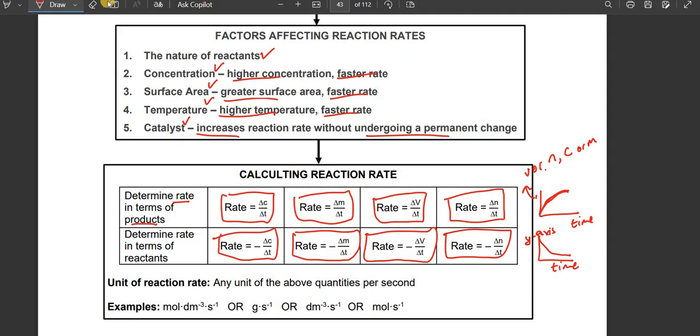Okay, what is the unit of the rate? It is any unit of the above quantities per second, which means if I'm talking about concentration, the unit will be this. This is for concentration, because concentration is mole per decimeter cubed, and then over change in time, which is second. So it will be mole per decimeter cubed per second.